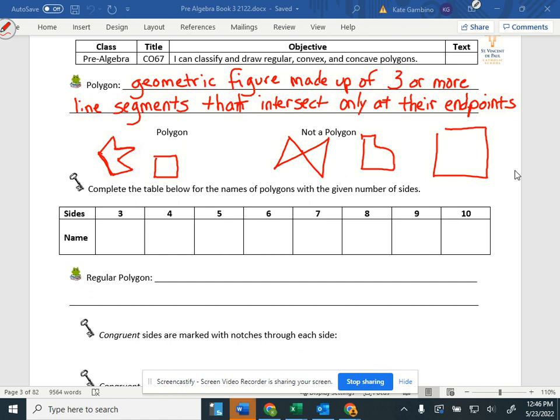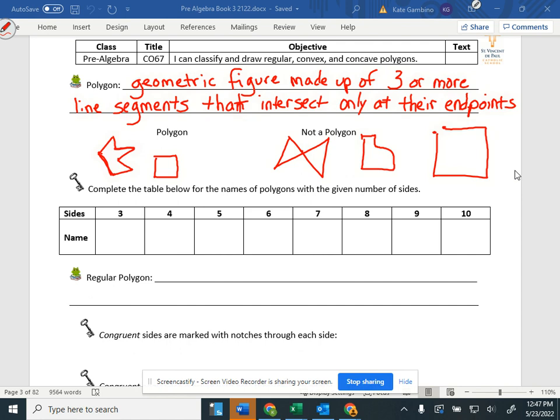Oh, you said yes, but you must have been meaning yes, it's not a polygon. Okay. Maddie, why is it not a polygon? Because they aren't they all connecting at their ends? They're supposed to connect at their endpoints. It is not connecting. So it's not a polygon because it doesn't connect.